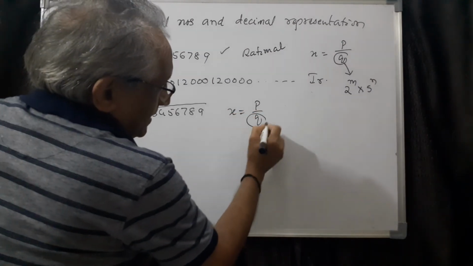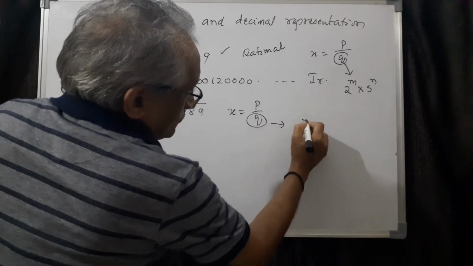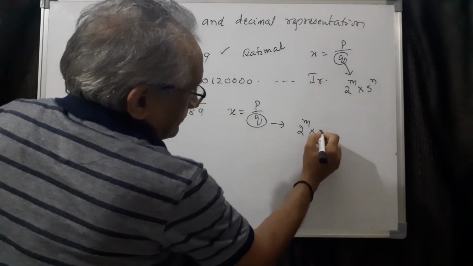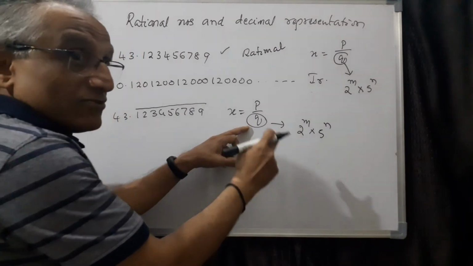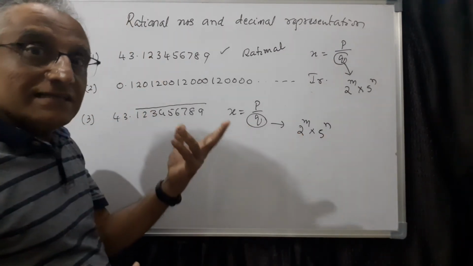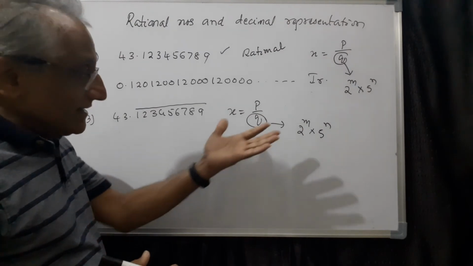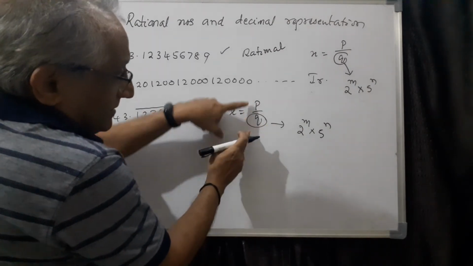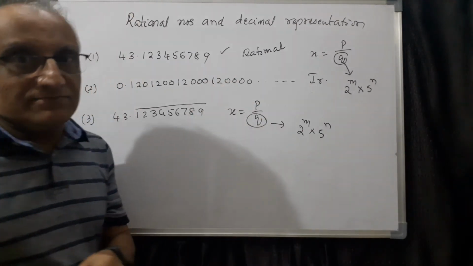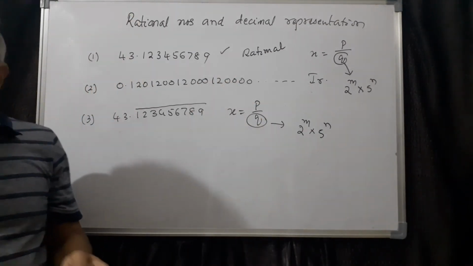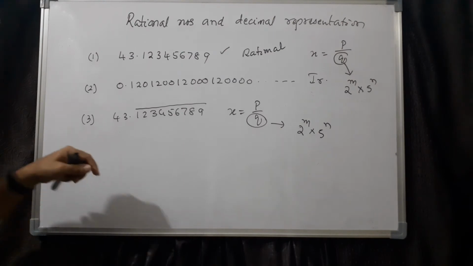But this q cannot be written in terms of 2 power m and 5 power n only, meaning in the denominator there will be other prime numbers. It may be 7, it may be 11 or something else, so that it will be a non-recurring decimal expression. So this actually is the last question in the exercise.